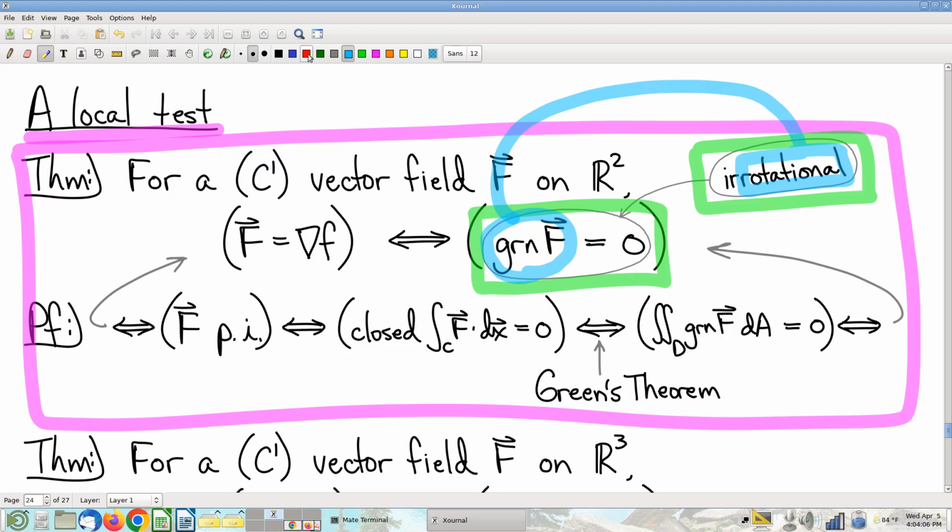So it being 0 would mean that there is no rotational aspect to the vector field, aka the vector field would be irrotational. You'd think non-rotational, but anyway, English is a weird language. Irrotational is the term.